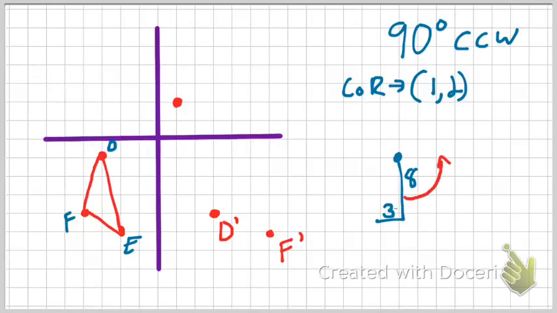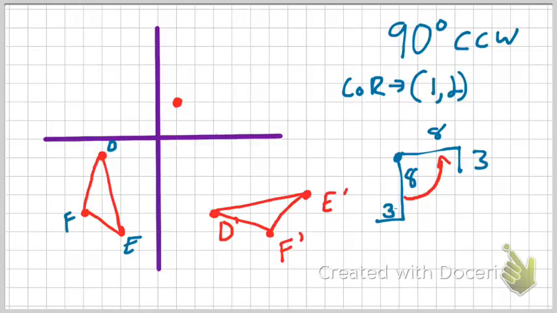What are my new directions? Right 8, down 3. There's my new E prime. That's the rotation, 90 degrees counterclockwise. It looks weird because it's not rotated around the origin anymore.